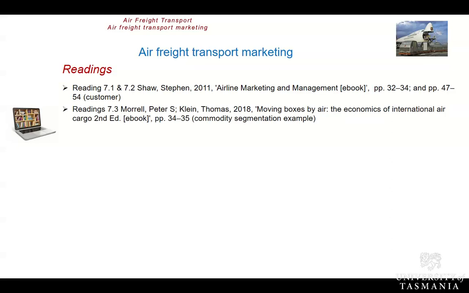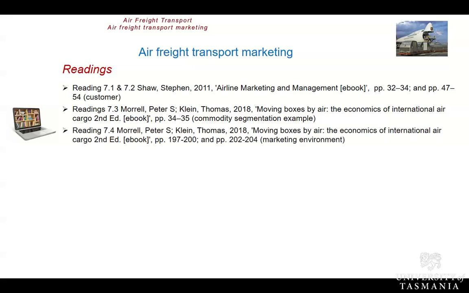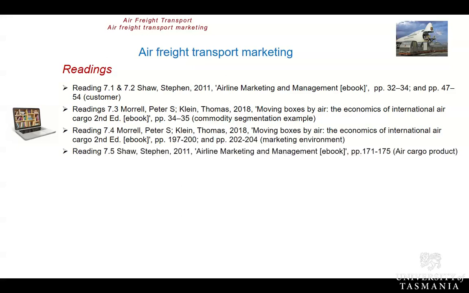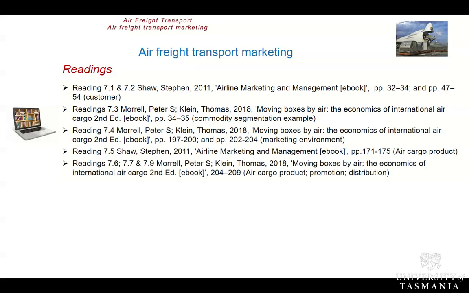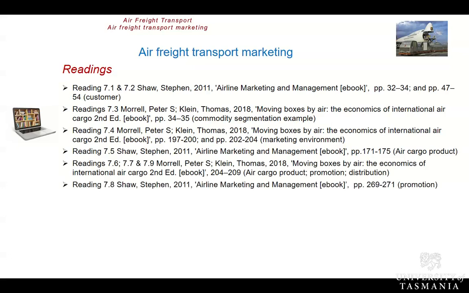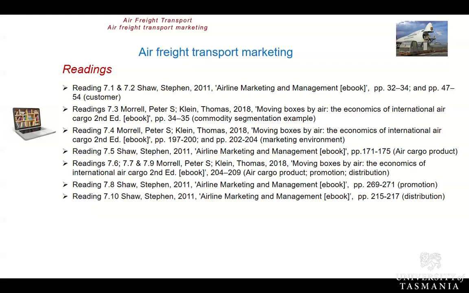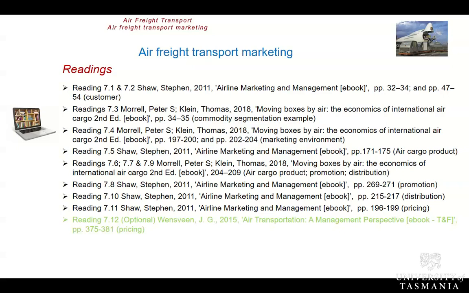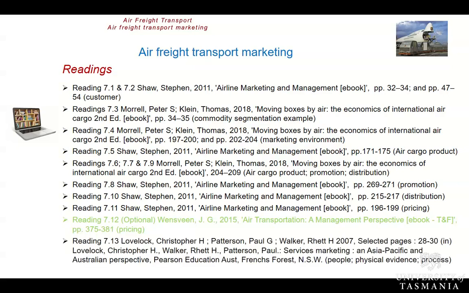So then we've got Morel, segmentation example, the marketing environment, the air cargo product, the promotion, distribution, promotion again, distribution, pricing. There's an optional one on pricing if you want to go into the nth degree.